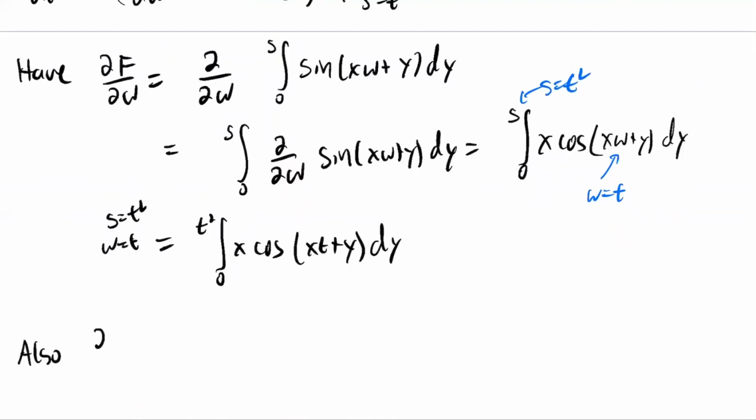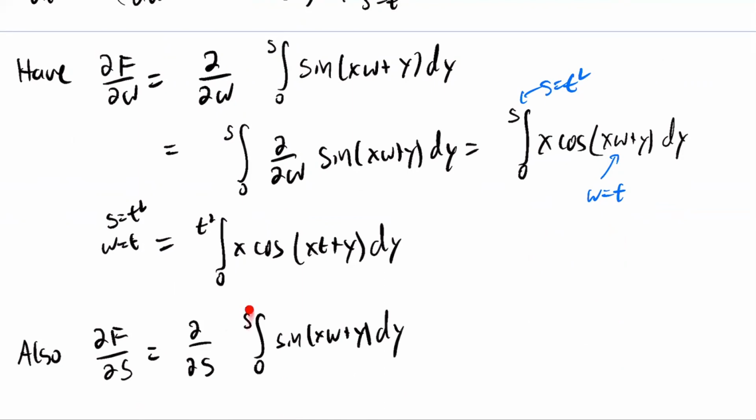Right, so now let's look at df/ds. This is the derivative with respect to s of our function. Now we're actually in a position to use the fundamental theorem of calculus, because we're differentiating with respect to s, and s is in the top bound for the integral and doesn't show up inside.